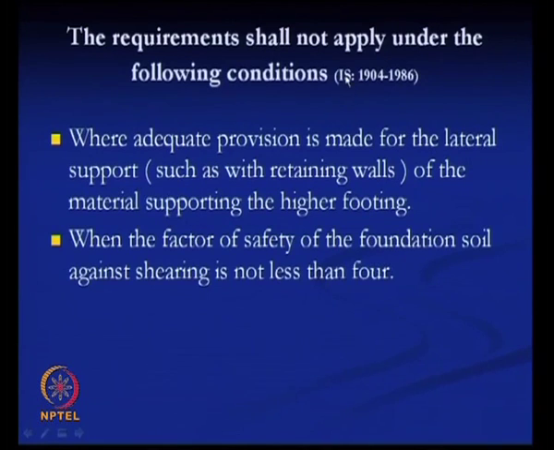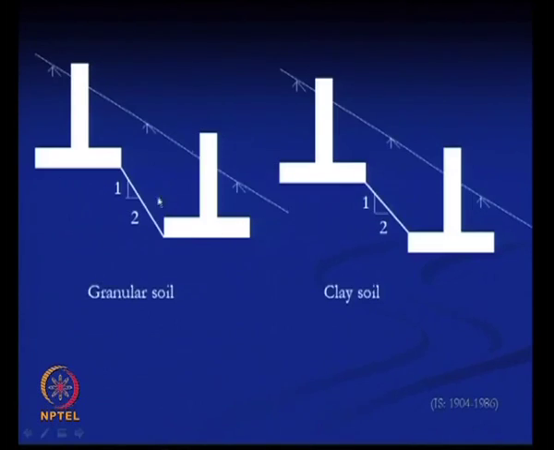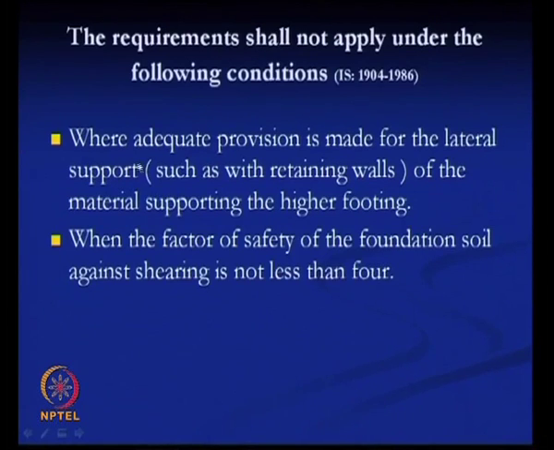It is not required to apply these two conditions for the two different types of soil where adequate provision is made for lateral support, such as retaining walls of the material supporting the higher footing. So, if we provide lateral support for the higher footing, such as a retaining wall, then it is not required to satisfy the above-mentioned condition.